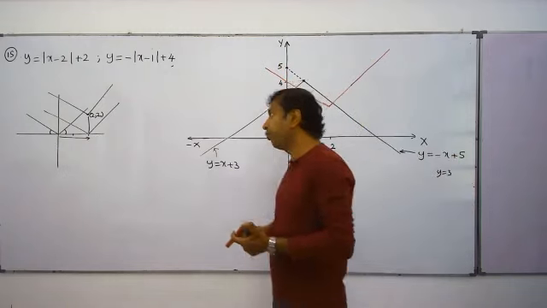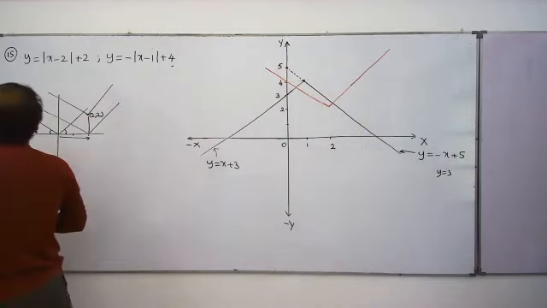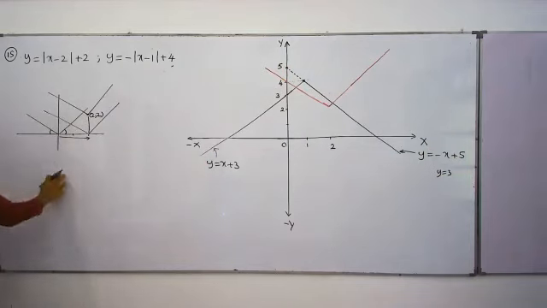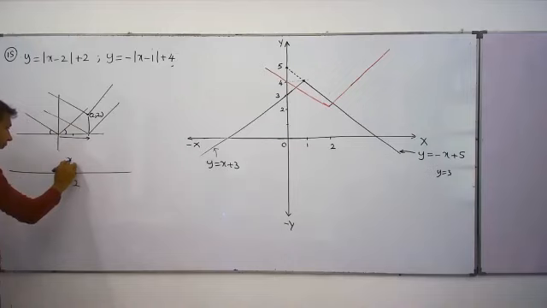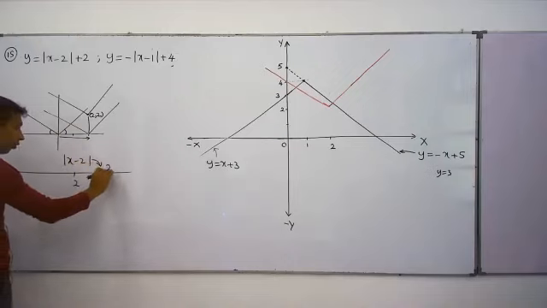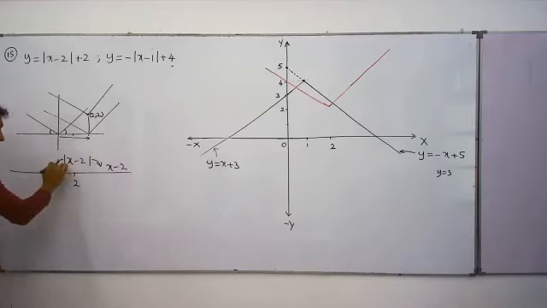Yeah. For that, definitely we have defined this mod x minus 2, no? If I define mod x minus 2, it changes at 2, no? On the right of 2, it is x minus 2. On the left of 2, you have to multiply by a minus sign. When you multiply this x minus 2 by a minus sign, minus x plus 2 is coming.